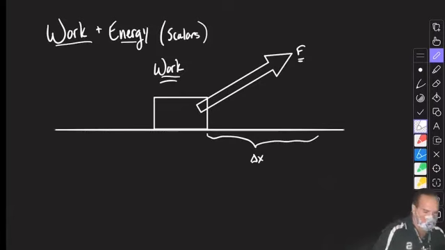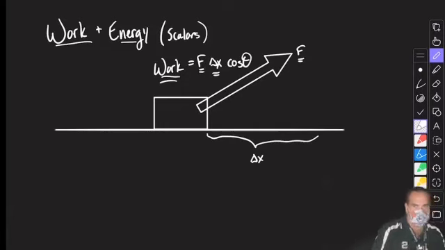Now, there's more technically to it, but it comes down to three things. The size of the force, how far the object moves, and this part's kind of weird, but it won't be after a while. It's about the amount of force in the direction of motion. That's why there's a cosine there.